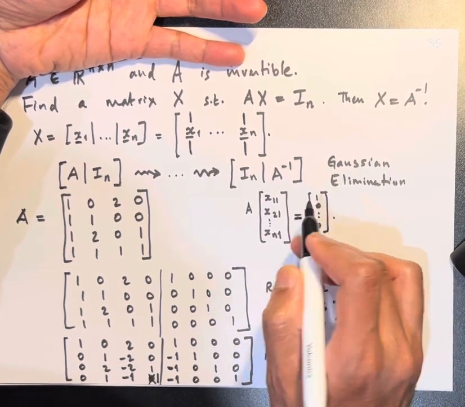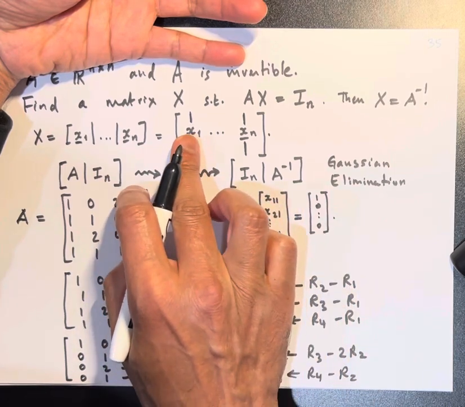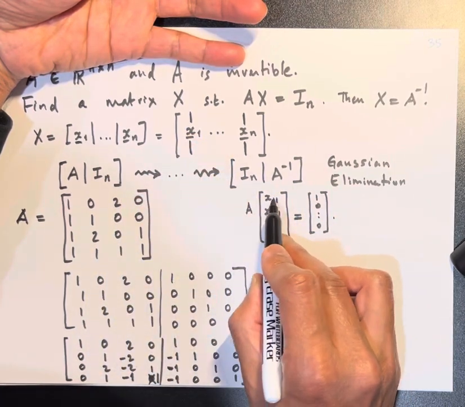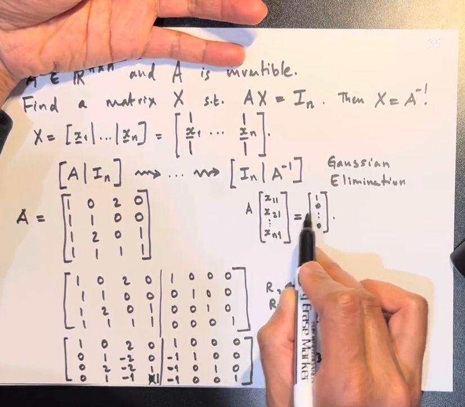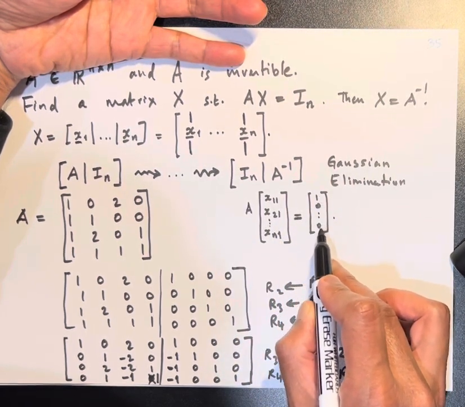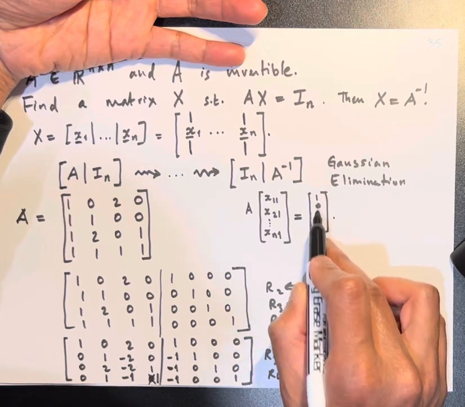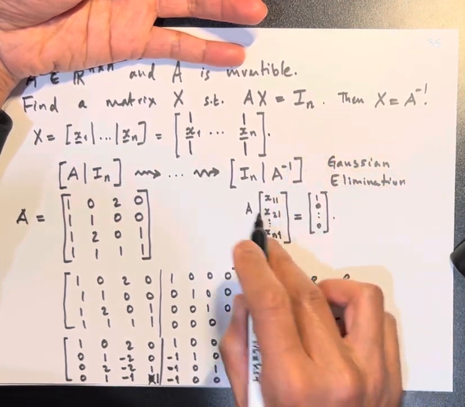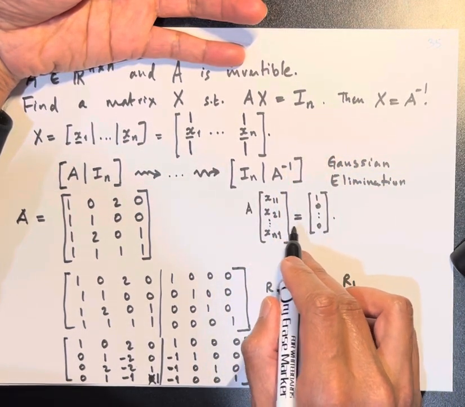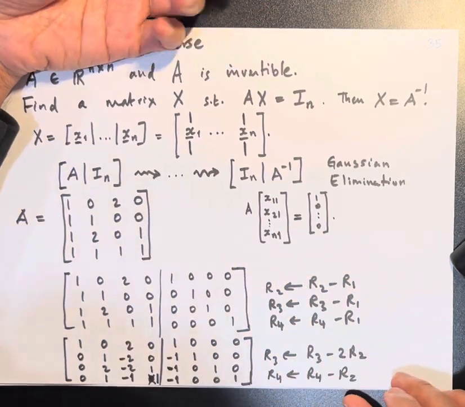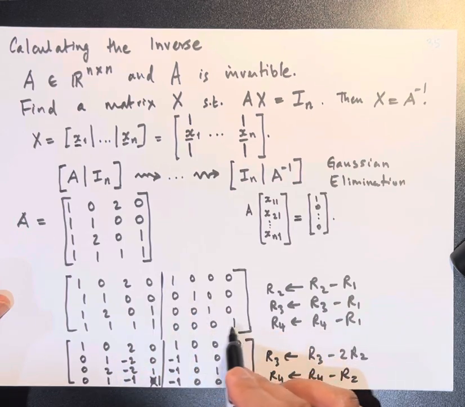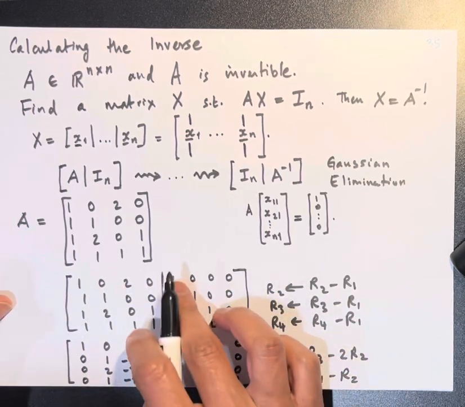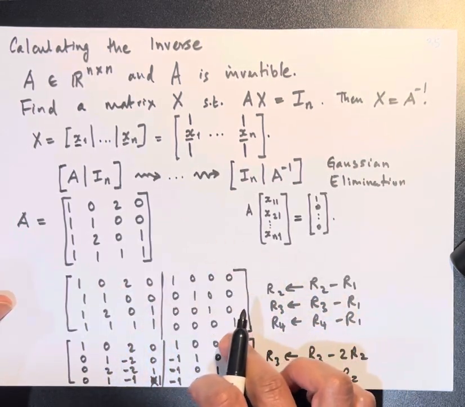And similarly, when you take the second column, this x2, it's going to be A times x21, x22 all the way up to xn2, and that should be equal to 0 1 0 and everything else 0. That's the second column of I_n, and so on, right? This is a very neat way to express all of those n equations with one augmented matrix, because it really doesn't matter what these are, right?